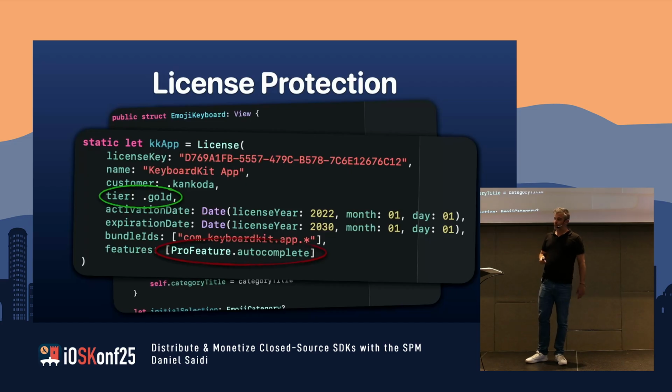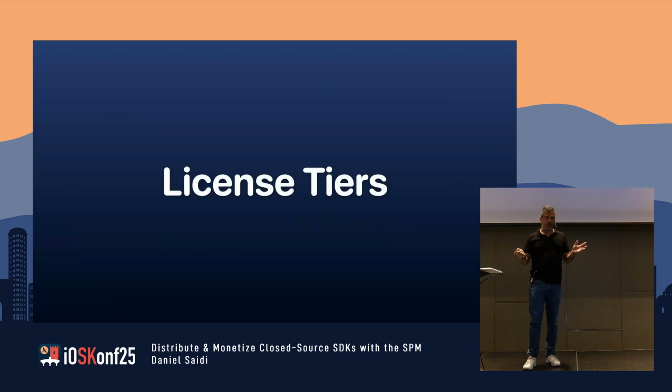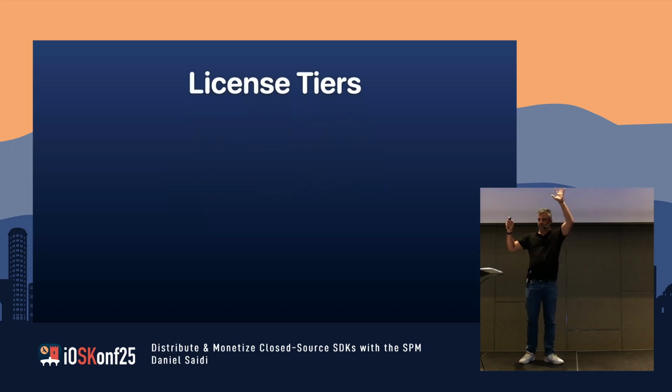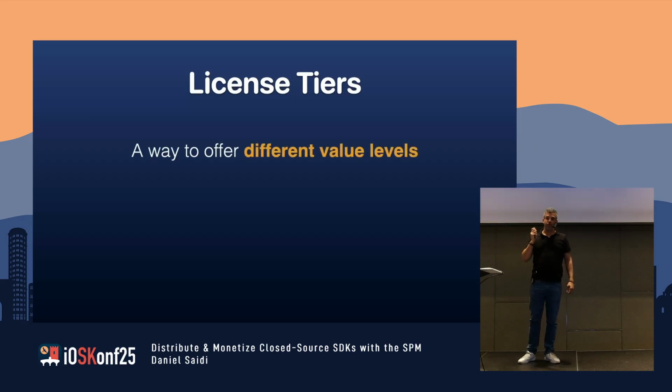So the green circle around tiers. License tiers, I'm sure most of you are familiar with that from the good old SaaS pricing days. You basically have a table of features, check marks and boxes, and you have different steps to unlock. So a license tier allows you to offer different value levels to your customers.